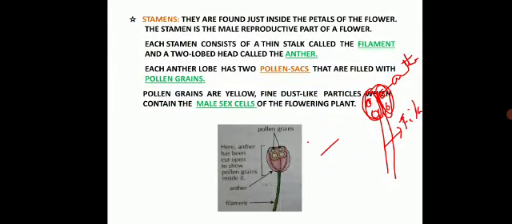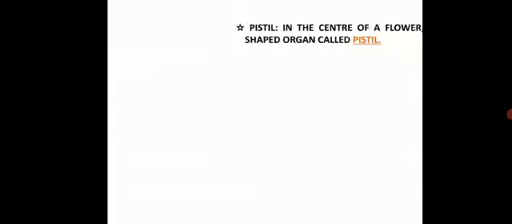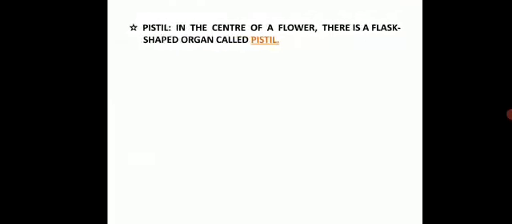Next part is the female reproductive organ. So, the female reproductive organ is the pistil. In the center of a flower, there is a flask-shaped organ called pistil.